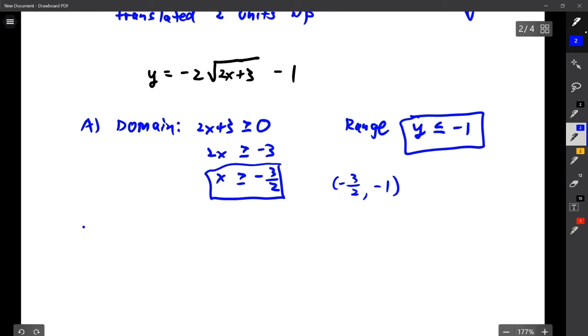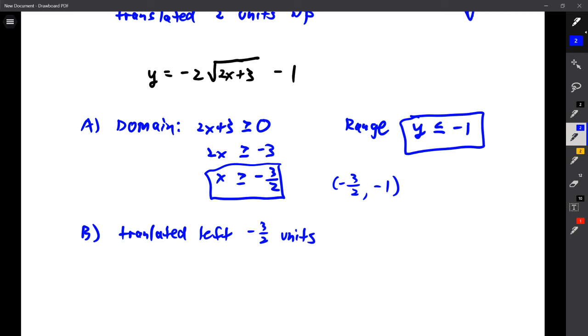All right, how is this changed? This is part B. Well, I can do my translations. It's translated left negative 3 halves units, which is negative 1.5. Oh, sorry, it's not translated left negative.